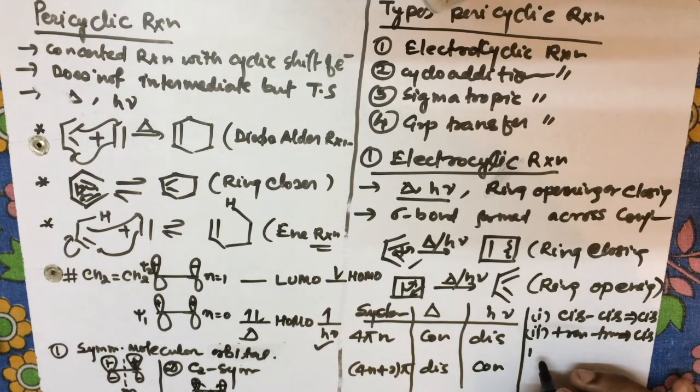First you write these things. And third, if cis and trans, then our overall will be trans. Okay, and fourth, trans and cis, then overall trans.